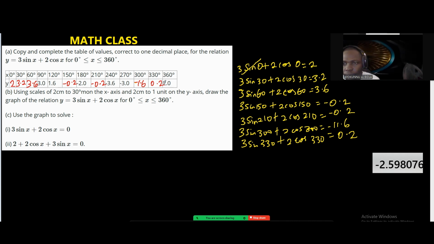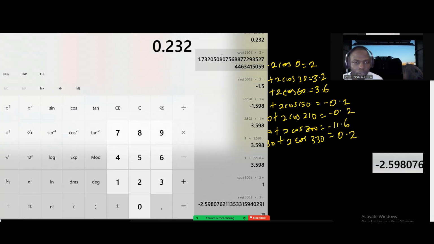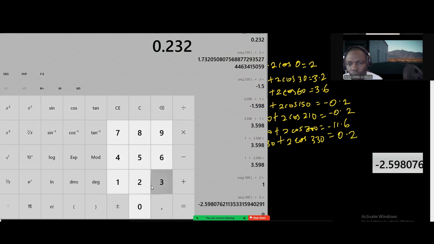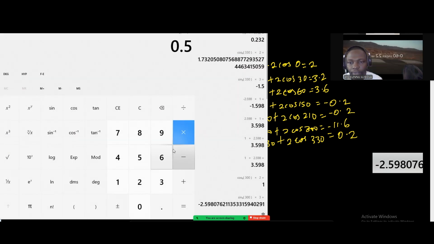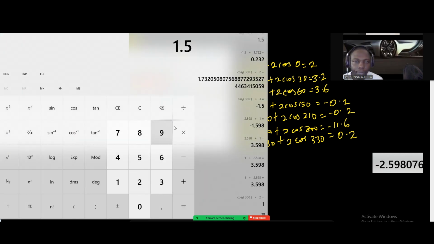Let me check the first one that gave me that negative again so that I can be sure. Maybe it's supposed to be positive, which is that 150. So sine 150 is 0.5 times 3, that's 1.5 positive.